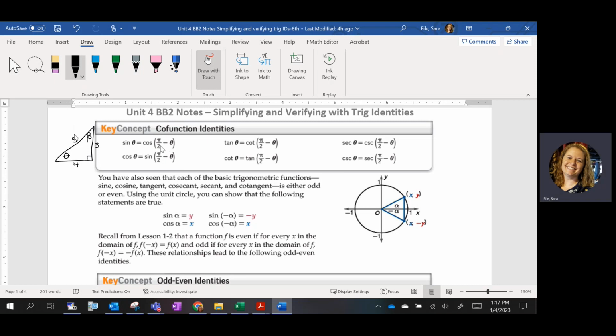Theta, pi halves minus theta means the complementary angle. Does that make sense? Because you're just taking pi halves, or 90, minus whatever theta is, this ends up being the complementary angle to that. Okay, so that's the relationship here for those.